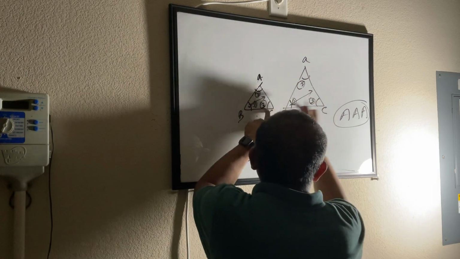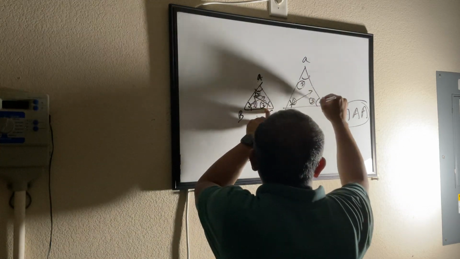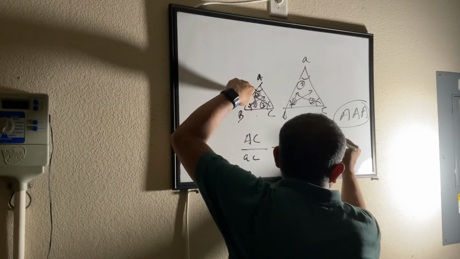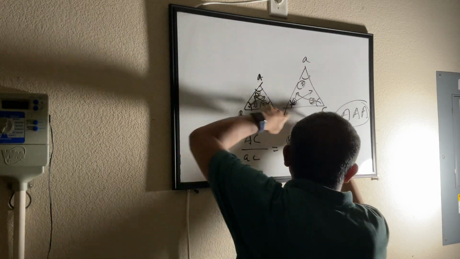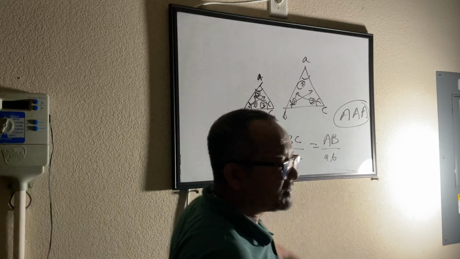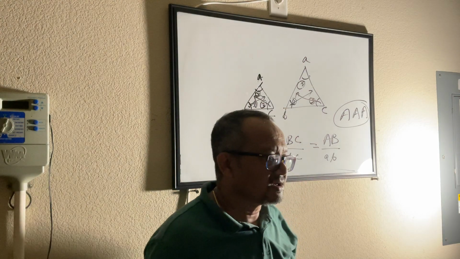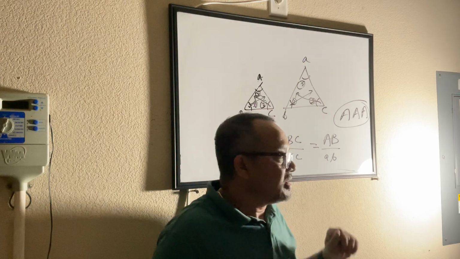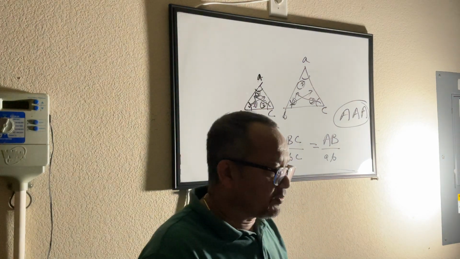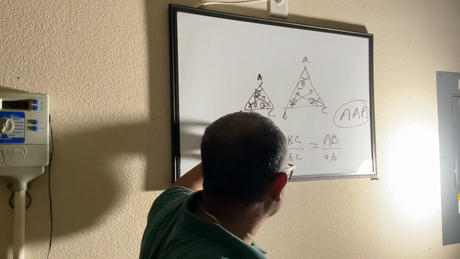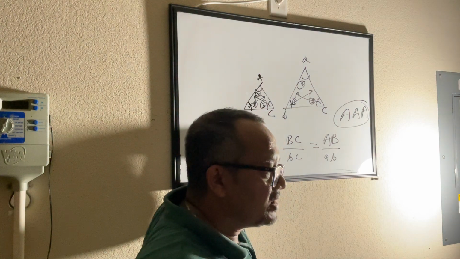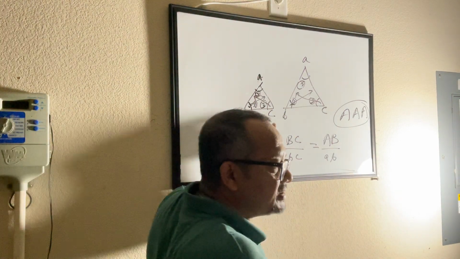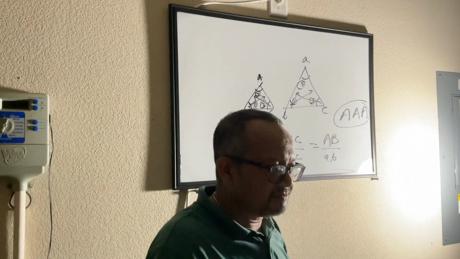Third angle, these two are the same. The side opposite to this one is AB, and the side opposite to this is small ab. This is what it means. When you have two triangles similar, their sides will be in the same proportion, meaning the ratio of the sides of the matching angles will be the same.